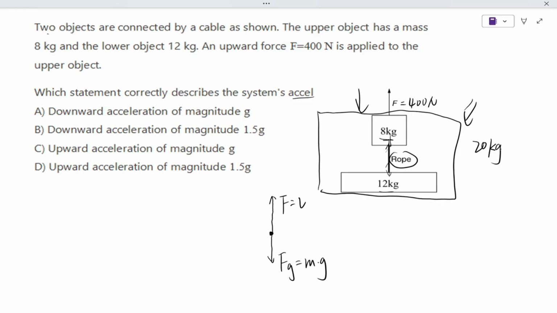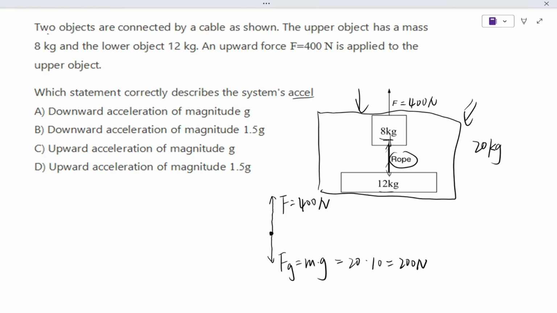First, let's calculate what Fg of the whole system is. What is m for the whole system? It's 20, right? So it's 20 times g. I would just use 10 right here because it will be easier and it will not affect the final answer. So it's 20 times 10, which is equal to 200 newtons.